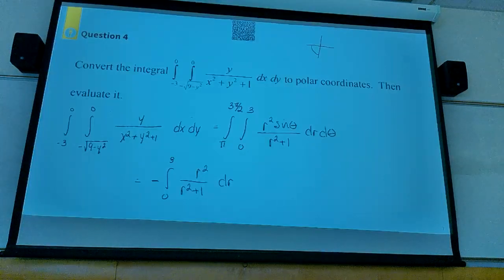That would leave you with 1 over 1 plus 1 over r squared. And then the problem with that is you'd have to do a u sub and you can't. Your u would be 1 over r, but you don't have that du, which is a shame.